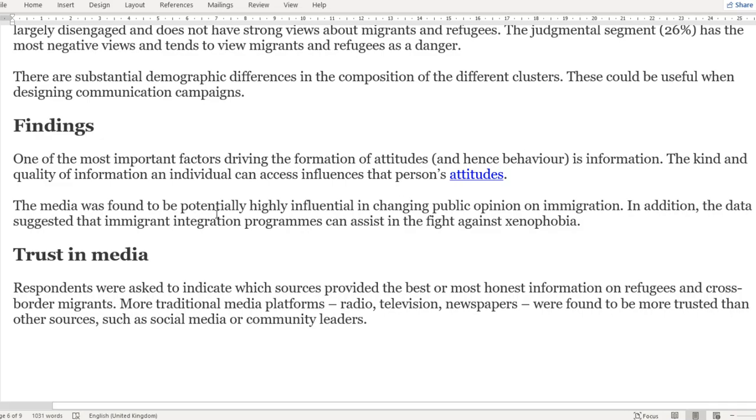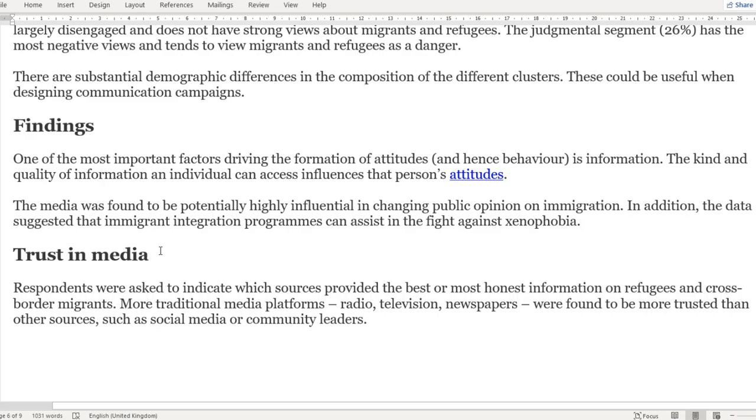Okay, so the media was found to be potentially highly influential in changing public opinion on immigration. So yeah, there's another factor. When information is given from different sources, it influences how people think. So you're looking at that as well, that the information they've been given, so not just the interview, but the information that people are exposed to outside of the interview, has an impact on how they see things.